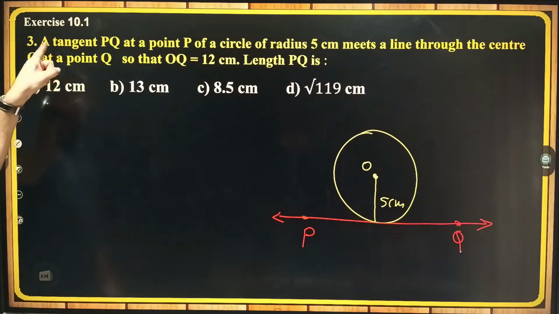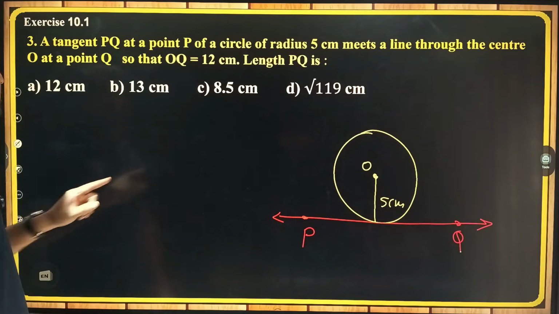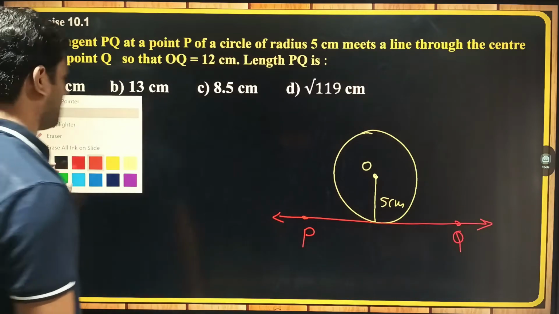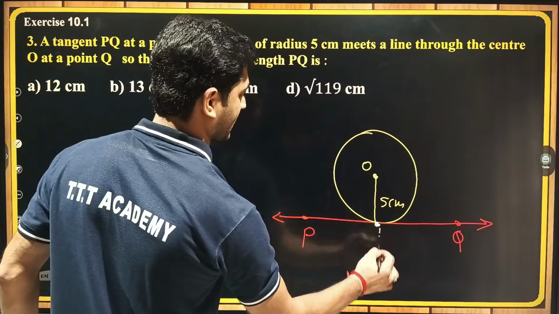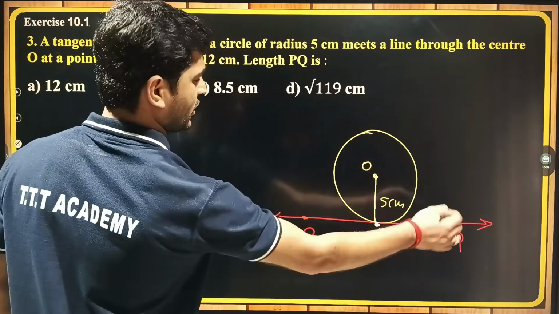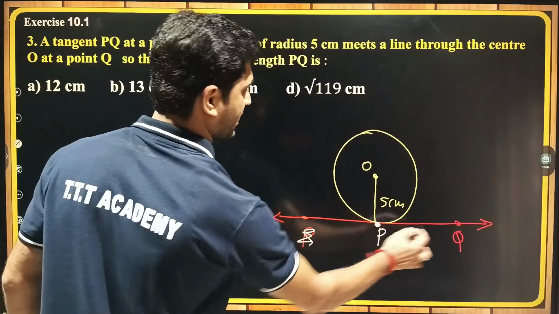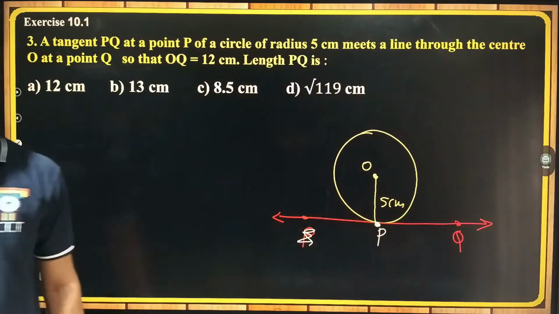Now dear friends, the tangent PQ at a point P, suppose this point I call P. Here PQ, you can consider from here to here is PQ, where PQ is a tangent.